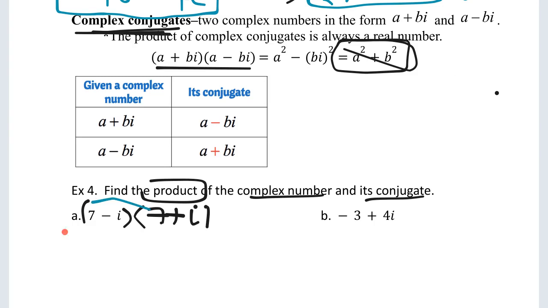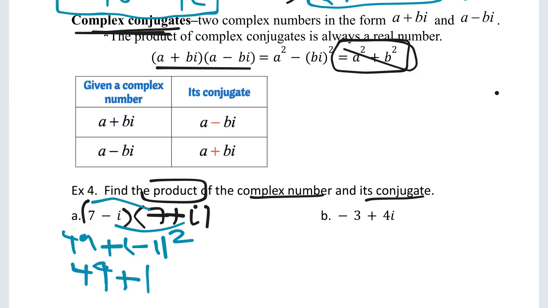So 7 times 7 is 49. And then negative 1 times 1 is negative 1 squared. So 49 plus 1 is 50.